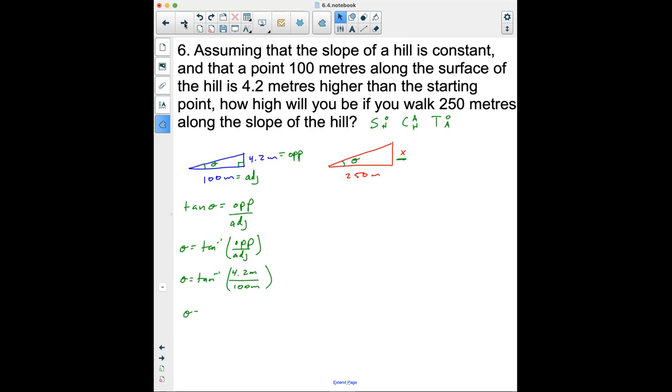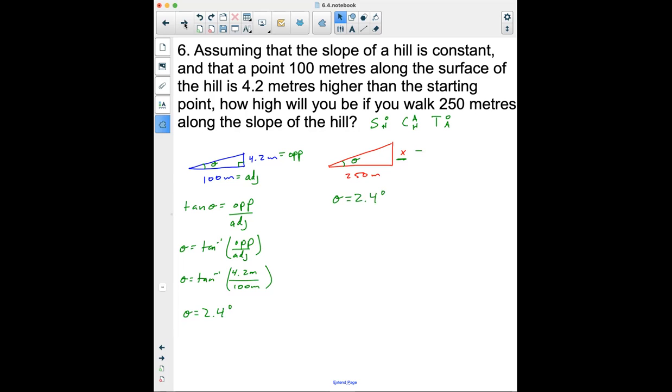That tells me my angle of inclination is 2.4 degrees. Again, that is an intermediate calculation. We're not asked to find the slope of the hill, but because they're similar triangles, I know that this angle is 2.4 degrees.